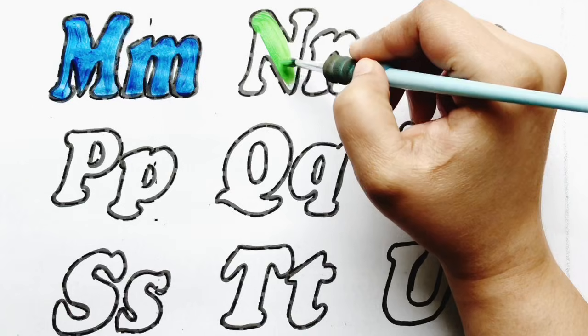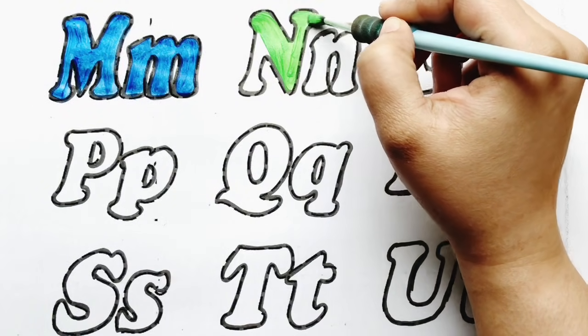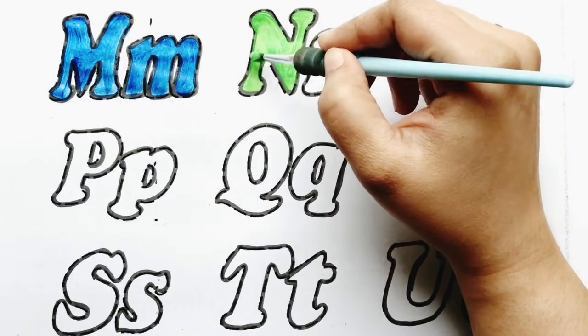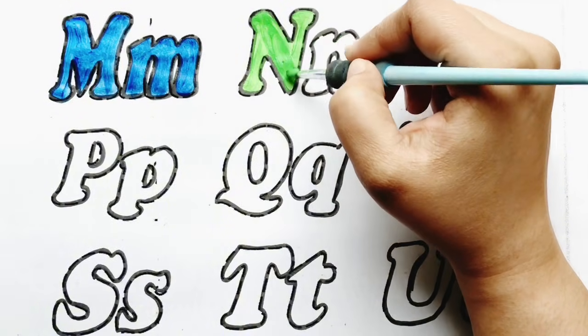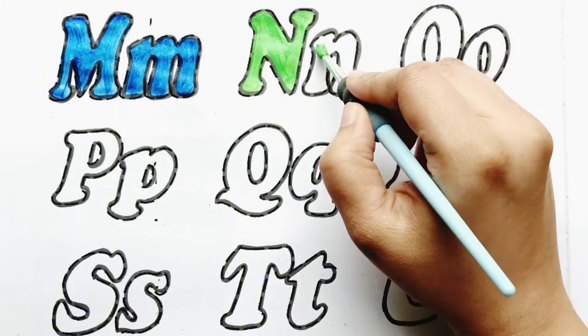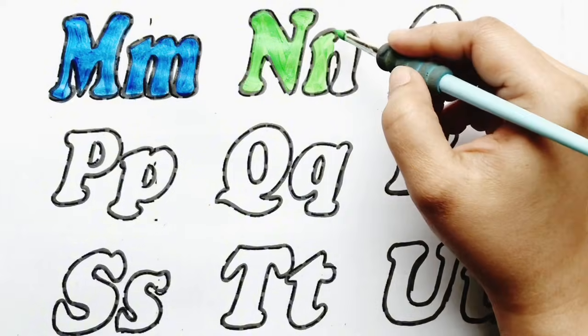Light green color. N for nest. Small letter N for nose.